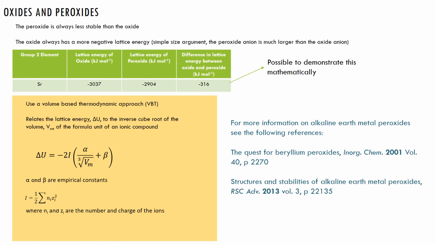What that does is it relates the lattice energy to the inverse cube root of the volume of a unit cell. And we can calculate a value for the lattice energy. And if you want to see more information on the thermodynamics of the alkaline earth metal peroxides, then I urge you to read the two papers that I show you on the right there.